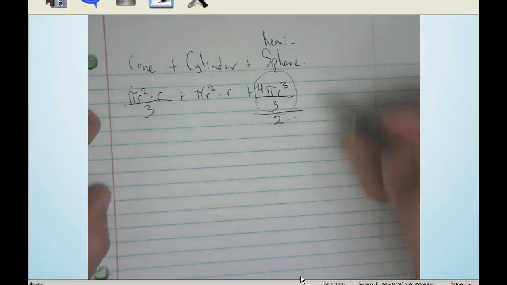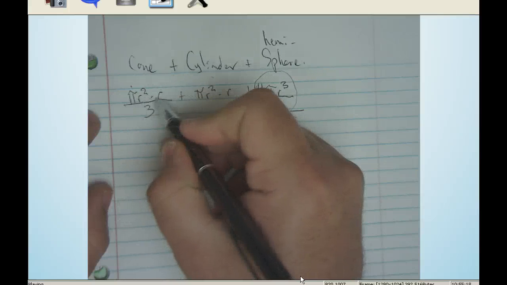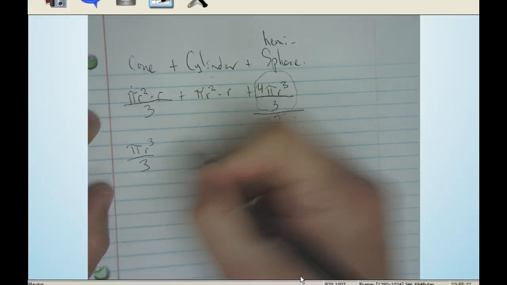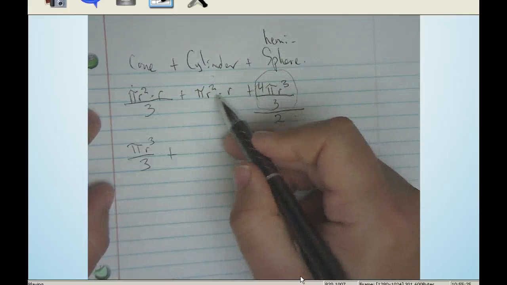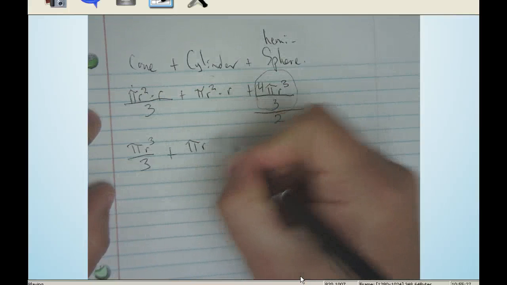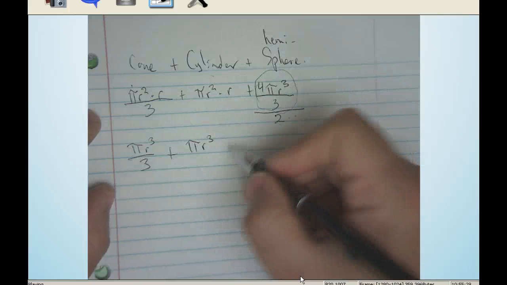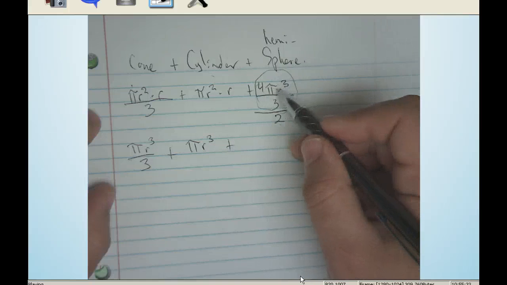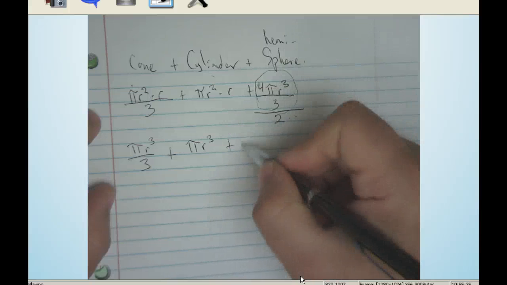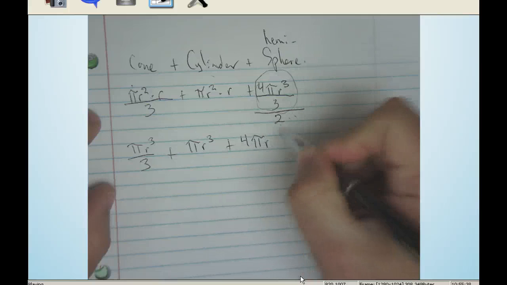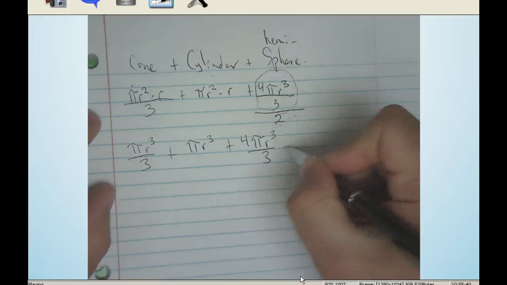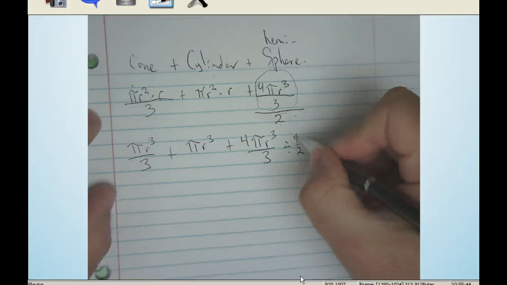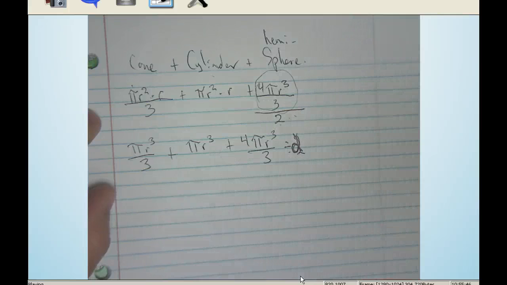Well, that's kind of ugly. Let's rewrite it. What's pi r squared times r? That's pi r cubed over 3, plus pi r cubed, plus 4 pi r cubed over 3 divided by 2.